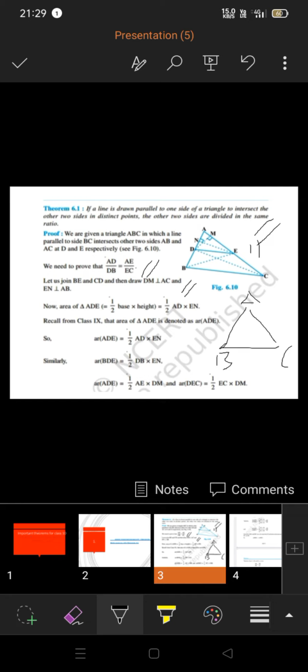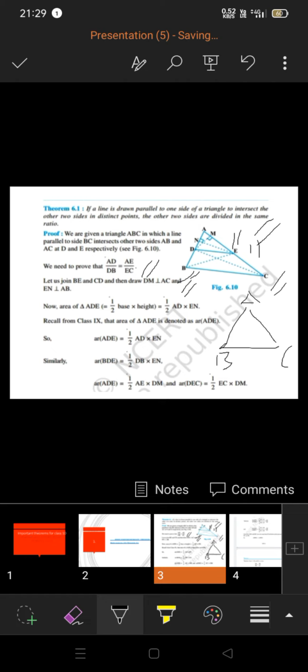Note that the joining parts are in dotted lines, so please ensure that you also draw the same. Similarly, the second part of the construction is drawing altitudes DM to AC and EN to AB.